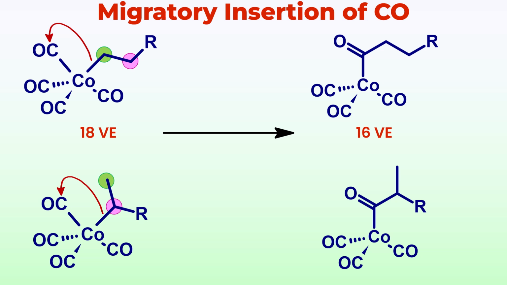This step is called migratory insertion of CO. As a result, the alkyl group is converted into an acyl group, forming a cobalt acyl complex. Both linear and branched pathways continue in this step, giving the corresponding linear and branched acyl complexes.